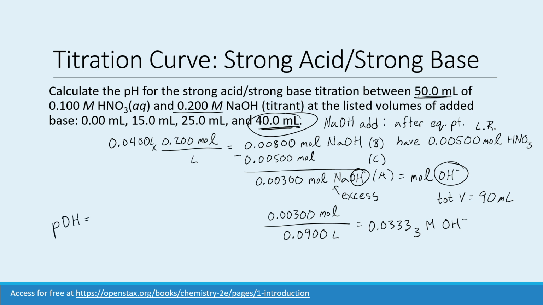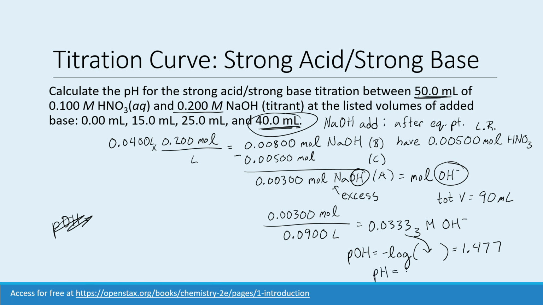If we take the negative log, that will give us the pOH. So we'll put it down here. pOH equals the negative log of that concentration, and out to 3 digits, that's 1.477.